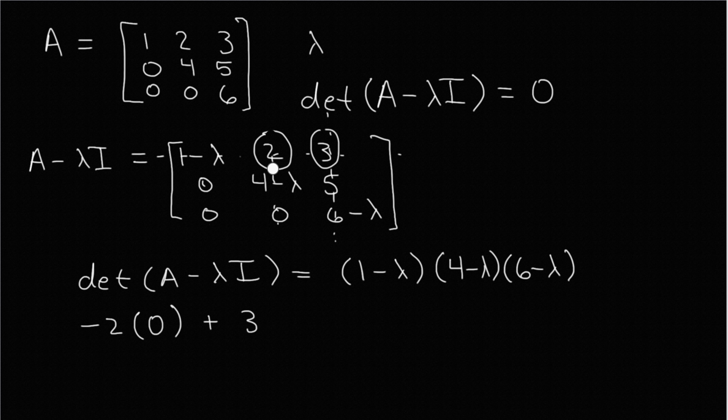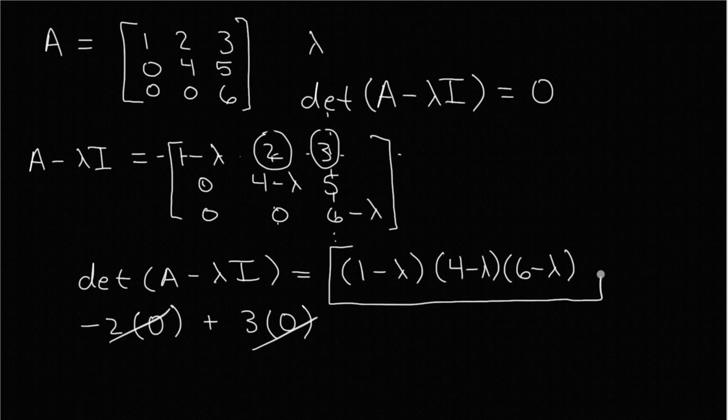So now what we're left with is this 2 by 2 matrix right here. The 0, the 4 minus lambda, and then the 0 and the 0. But when I take the determinant of that matrix, I get 0 minus 0 again. So now these two terms are going to become 0, and I'm only left with this right here.